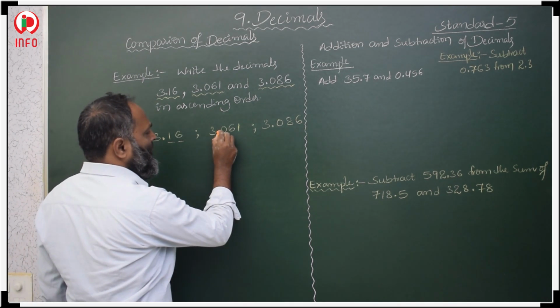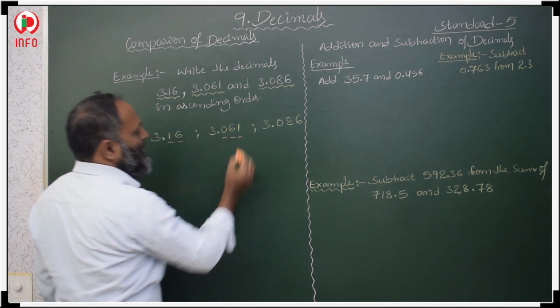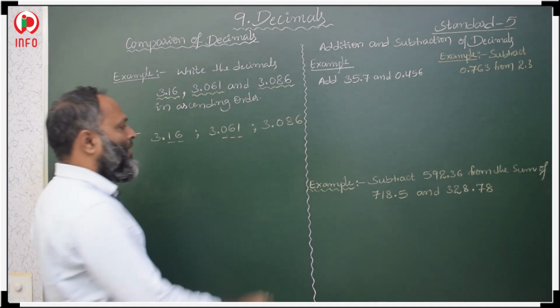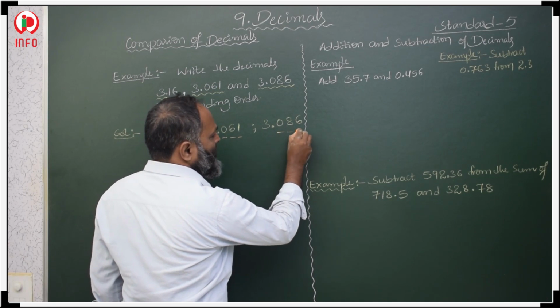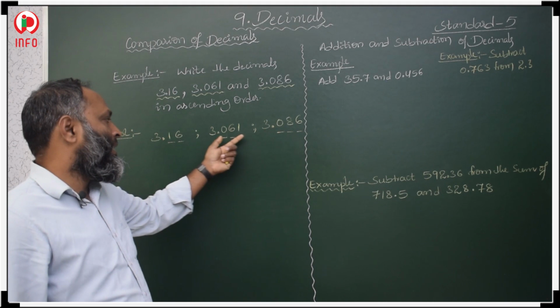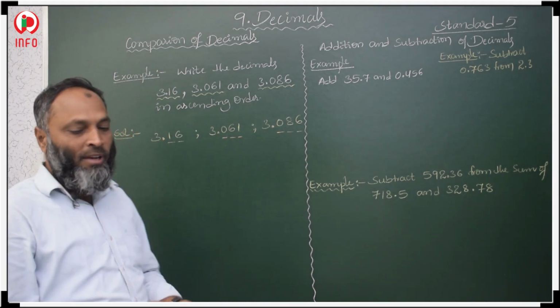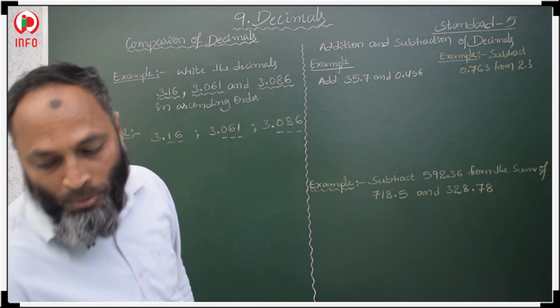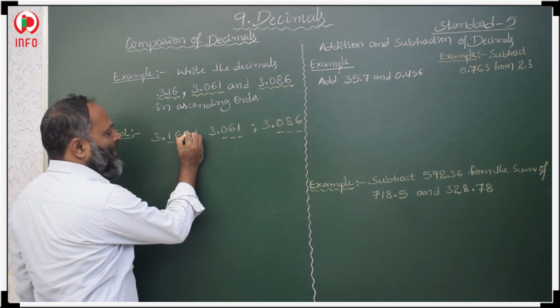Here in the second decimal number, tenths, hundredths and thousandths: 3 places we have. In the third decimal we have 3 places and in the second decimal we have 3 places. But in the first decimal we have only 2 places. So one more place we need. So take 0 here.